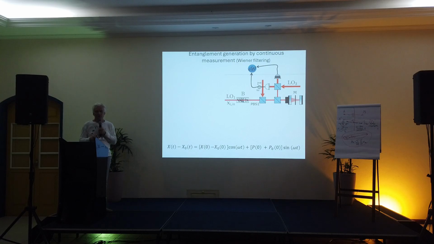Wiener filtering is essentially filtering of a signal which is optimal for measuring a quantum state. You have a signal coming from a certain quantum system and you want to estimate its quantum state. So how do you do it? If you just keep measuring, it's no fun, so you need to do tricks.